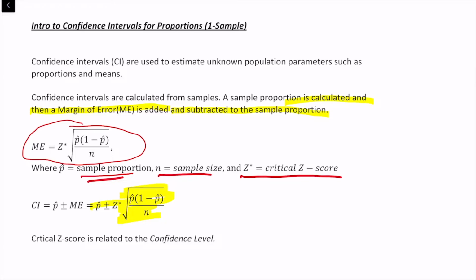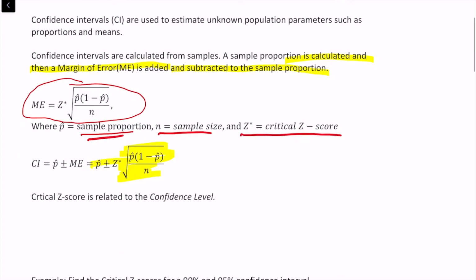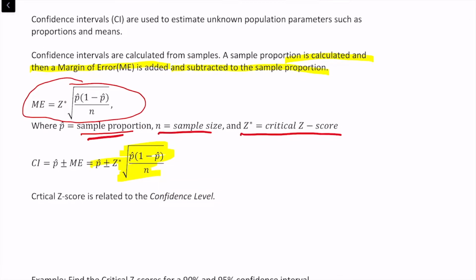Right now, out of this formula, let's focus on that Z star, that critical Z-score. That is the most important value that we should focus on right now because it's the one that we haven't talked about. Critical Z-scores are based on your confidence level. So whenever you do a confidence interval, you should always specify what level of confidence this interval represents.